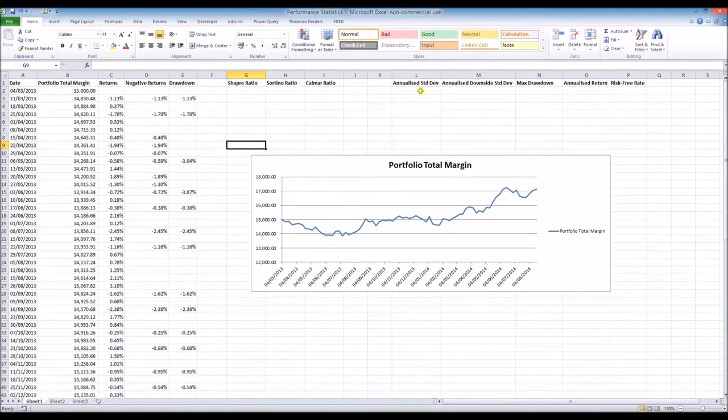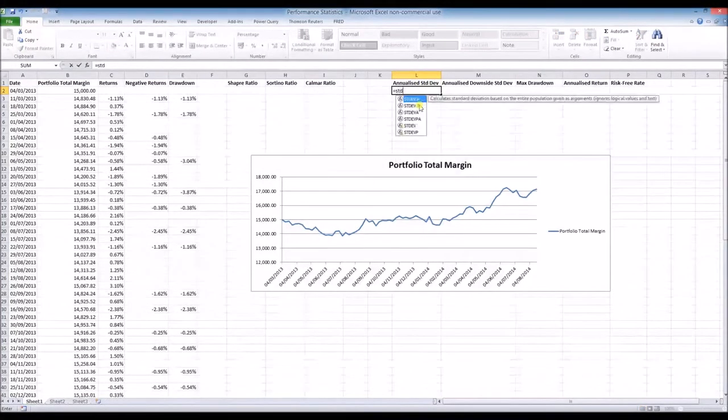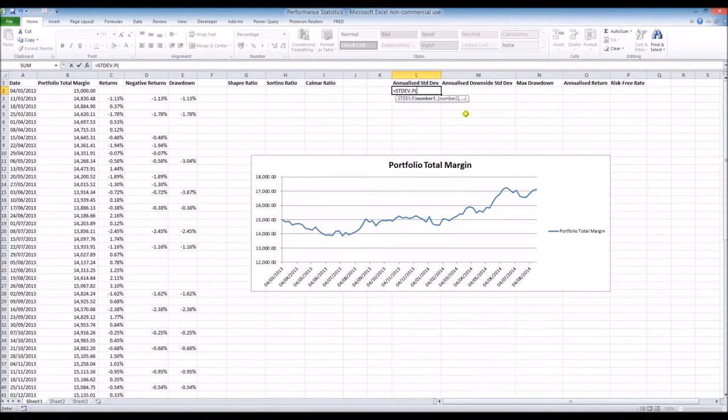Okay, so moving on to the final inputs before we get on to actually calculating the performance statistics. The annualized standard deviation is just going to be equal to the standard deviation of our returns column times the square root, SQRT, of 52. Now the reason we multiply it by the square root of 52 is basically to scale up a weekly figure to an annual figure.